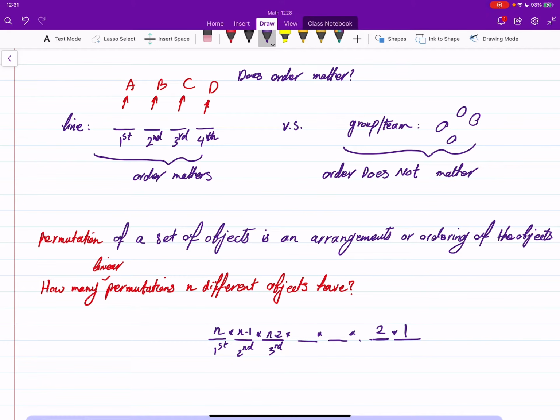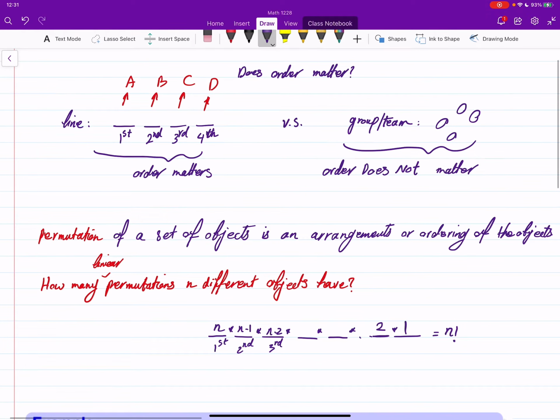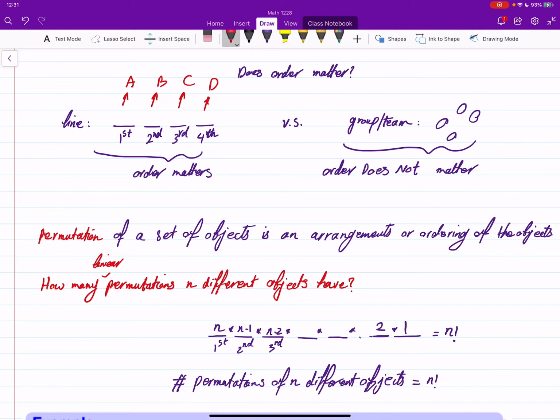And as you can see, we already have a notation for this number. That is n factorial. So the number of linear permutations of n different objects is n factorial. That is one of two formulas that you have to know for this part of the course.